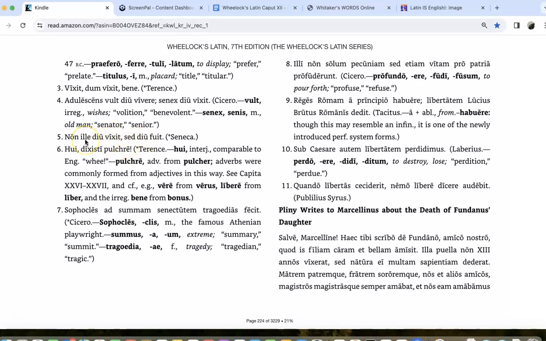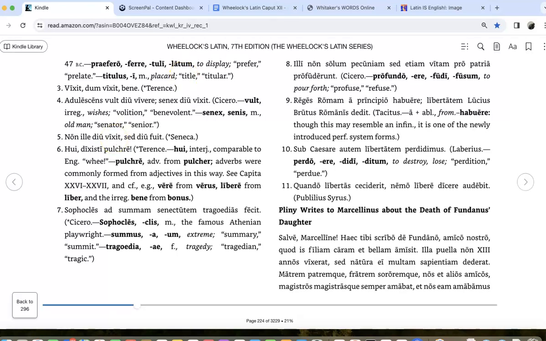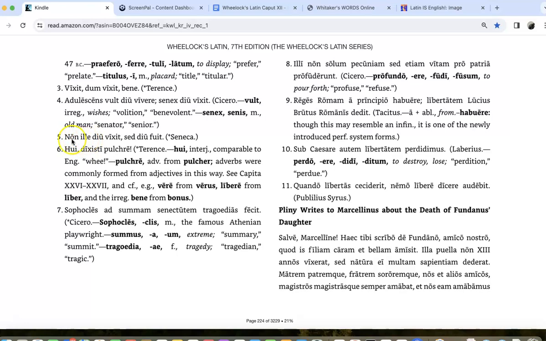So he did not live for a long time. This one's a little bit trickier to translate because it literally means he did not live for a long time, but he existed, but he was for a long time.